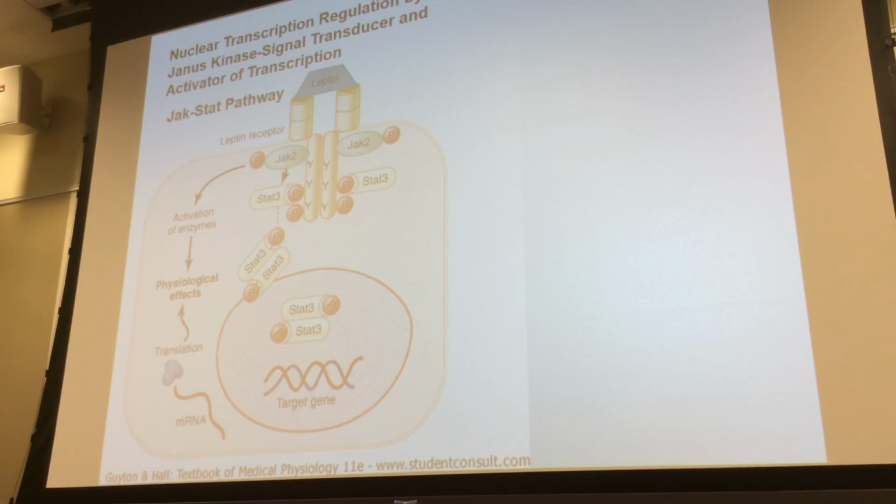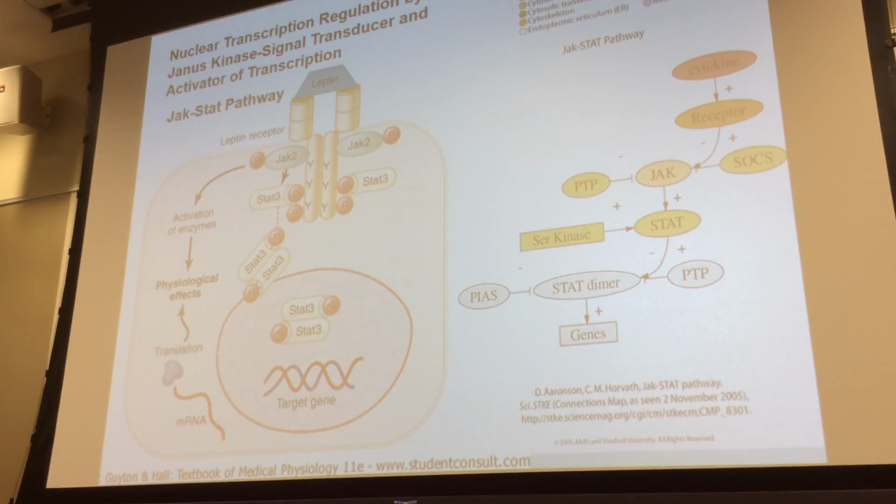Now that opens up the nuclear pore signal so that it can pass into the nucleus and serve as a transcription factor. So a whole variety of new proteins can then be made in response to this. So this can set up a whole pathway.